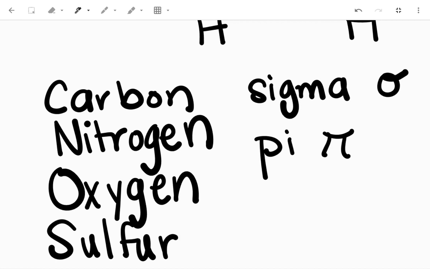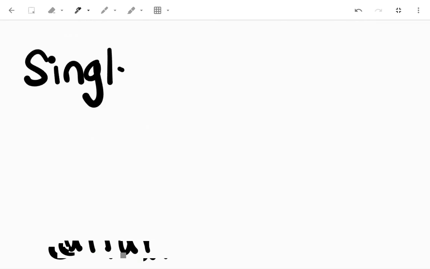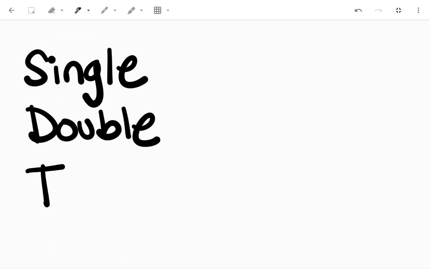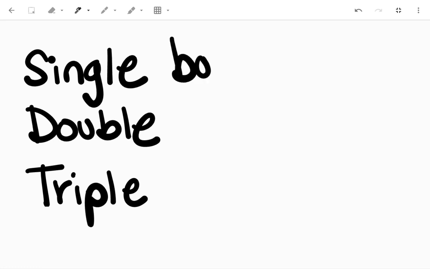This happens when parallel orbitals overlap and share electrons, right? Okay, good. So we have single, double, and triple covalent bonds that you might find in a molecule.